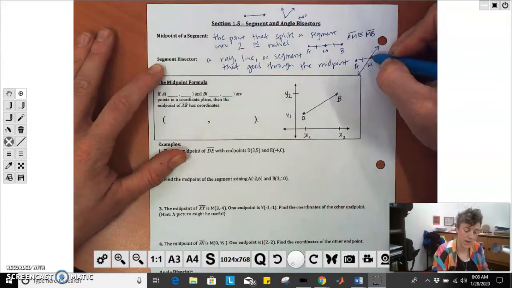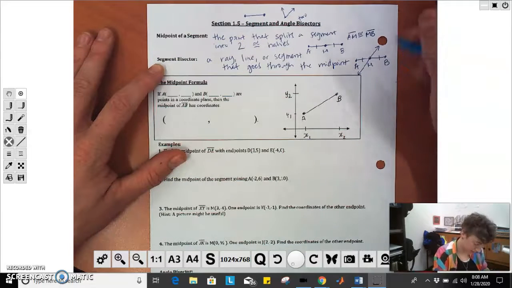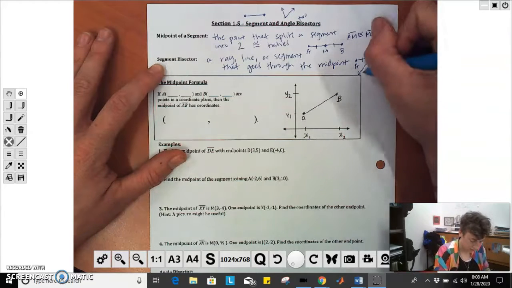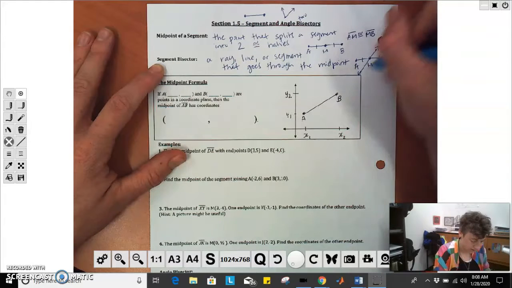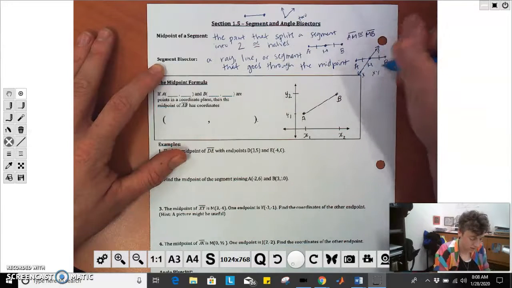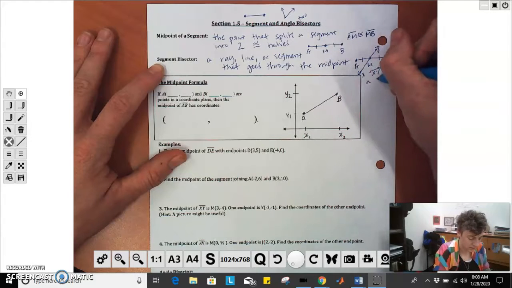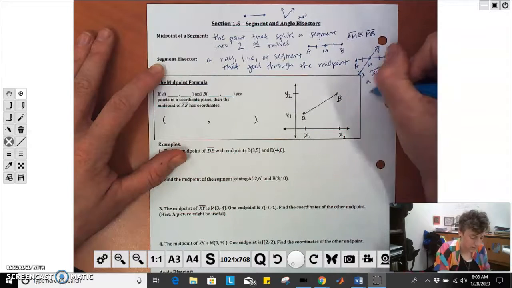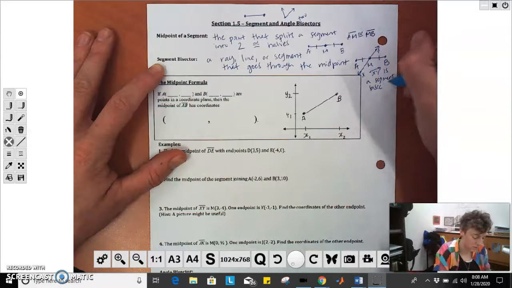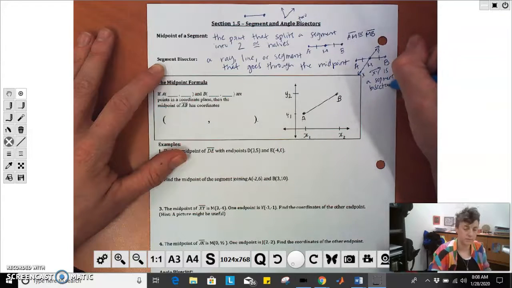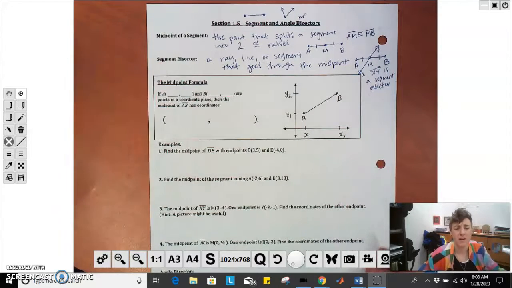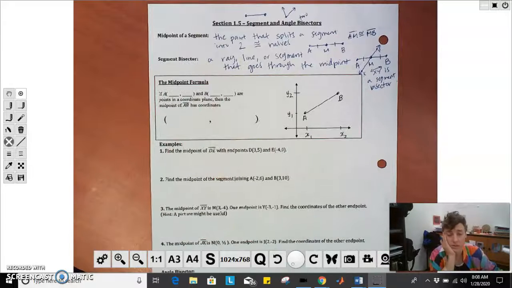It went through M, so it's a segment bisector. Maybe I call this line XY. So line XY is a segment bisector because it went through that midpoint. Cool.